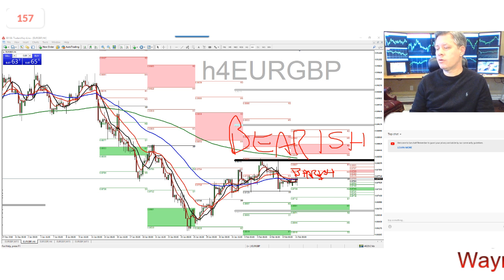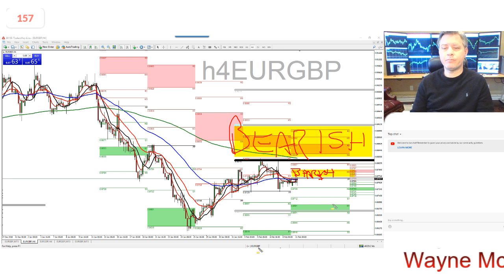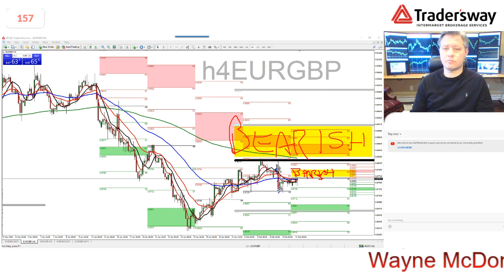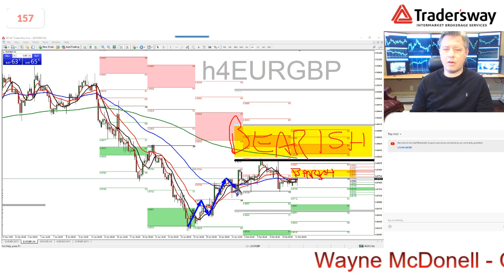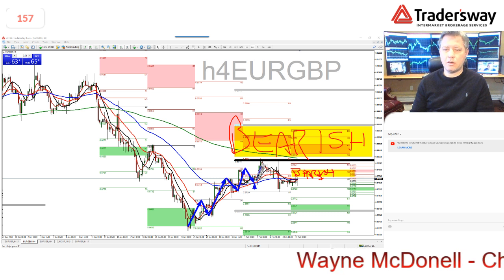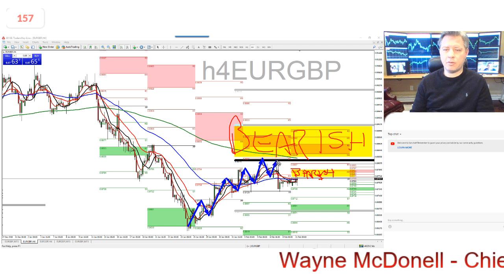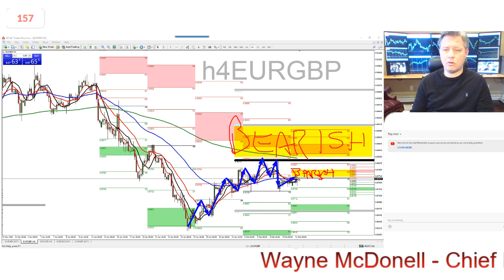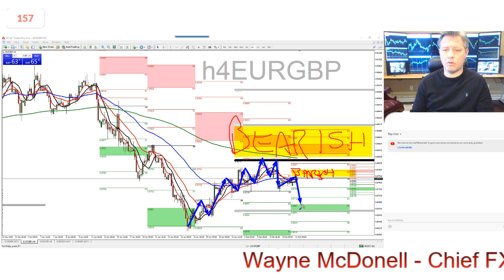So whoever sold up here wants to see it fall here. So up, down, up, down, up, down, up, down, double top, lower low, lower high, and lower low.